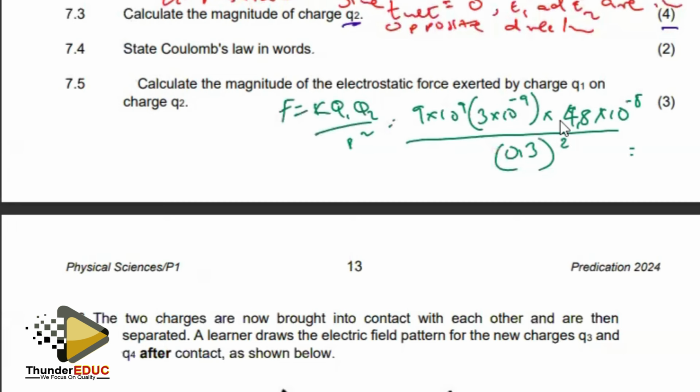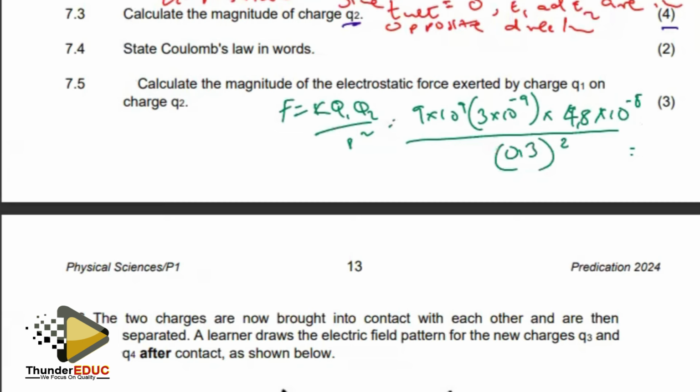And then I just get my force, punch this into the calculator first. 9 times 10 to the 9 times 3 times 10 to the negative 9 times 4.8 times 10 to the negative 8 over 0.3 squared.